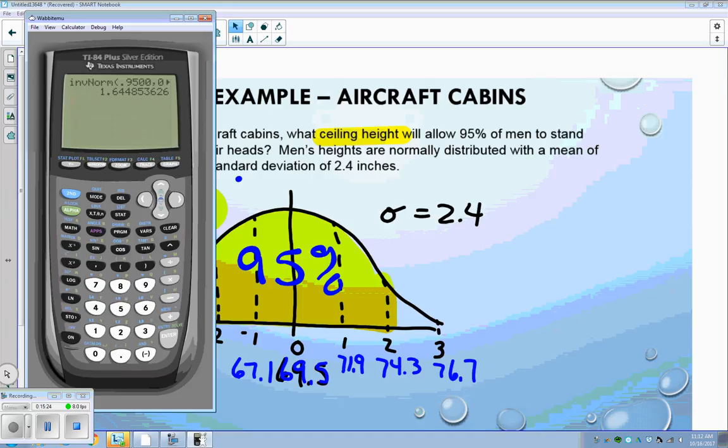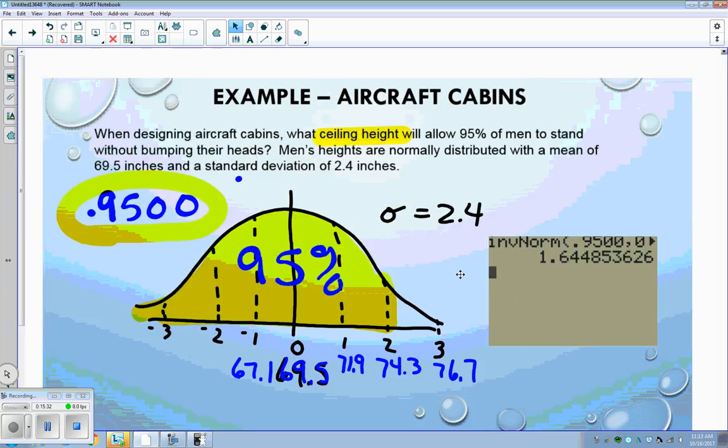Okay, hang on. I'm trying to figure out how I can get this to swoop over. There we go. Okay, so the question was, why am I putting these as 0, 1, 2, 3 when I know what my standard deviation is? I know that both of these mean the same thing. 71.9 inches would be normalized to be a z-score of 1. A z-score of 2 is when my heights are 74.3.